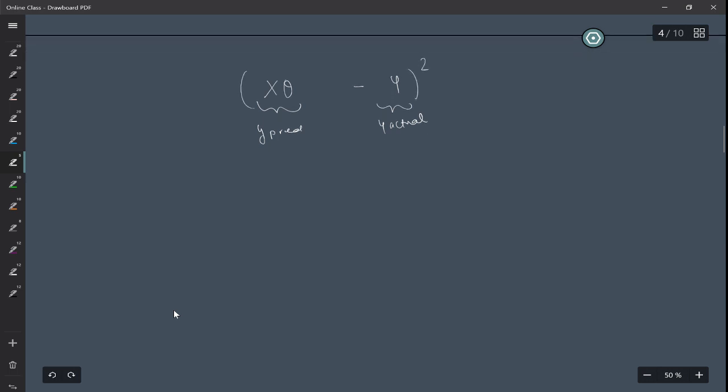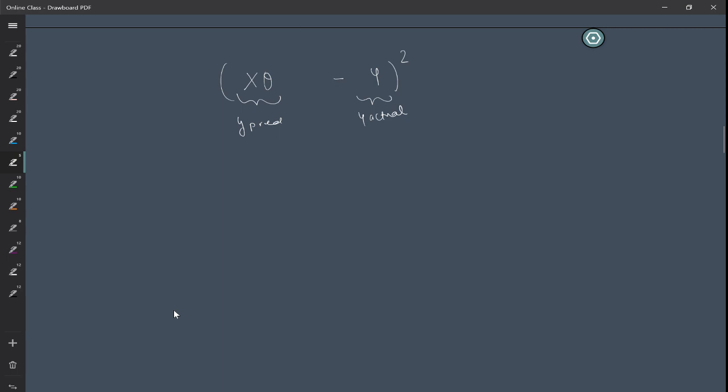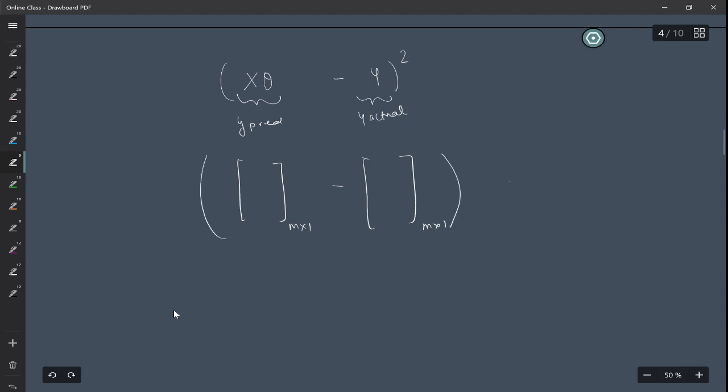So this is going to be a vector of m cross 1, minus another vector of m cross 1, and if you take the square, you are going to get a scalar.